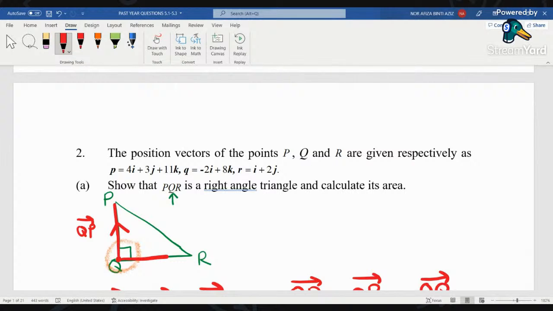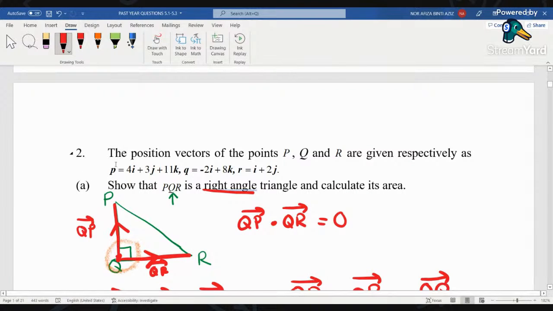Another vector is over here, coming out from Q. When we have these two vectors, we can use the scalar product property, which is QP dot QR, and the result must equal 0 so that the triangle is a right angle triangle.